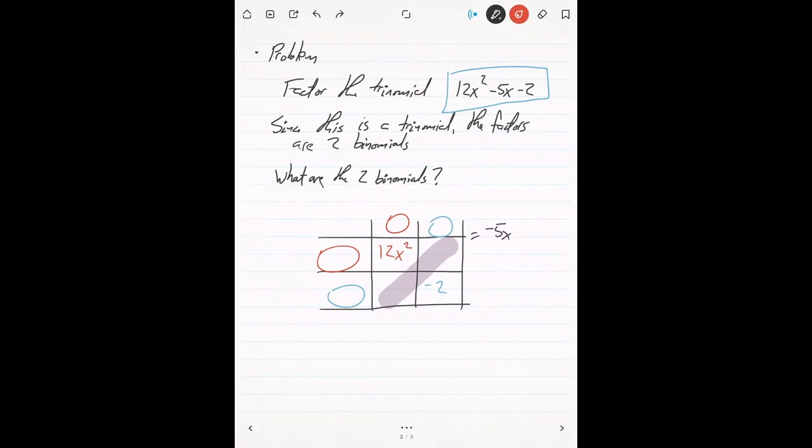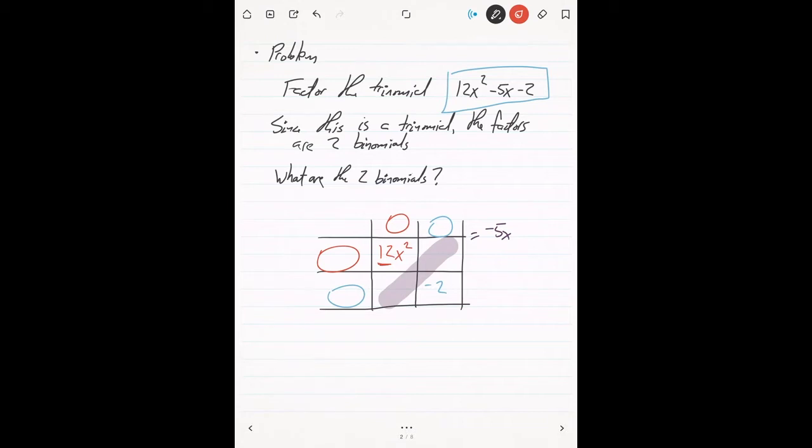So we could start like before, and try to determine what things multiplied together to give us 12x squared. However, unlike before, we now have a coefficient in front of the x squared that's not a 1. So now the issue is we have some choice in the matter. What could go into these spots to multiply to give us 12x squared?